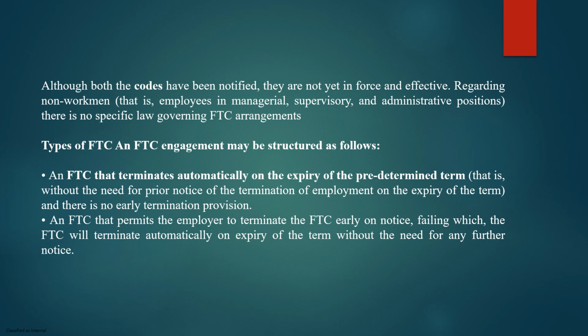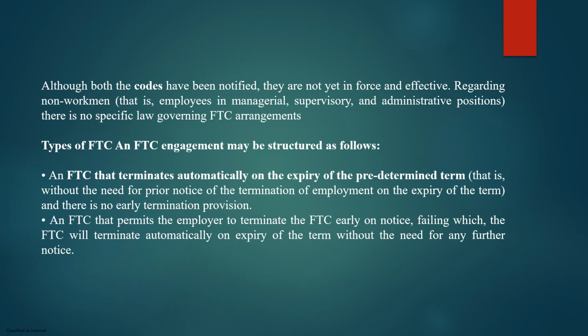And what are all the types in which fixed term employment may be structured? In fixed term employment, the employer themselves can preclude the terms of employment. Then they have to pay the retrenchment compensation and other benefits to the fixed term employee, and there is automatic cessation of service when the period concludes.